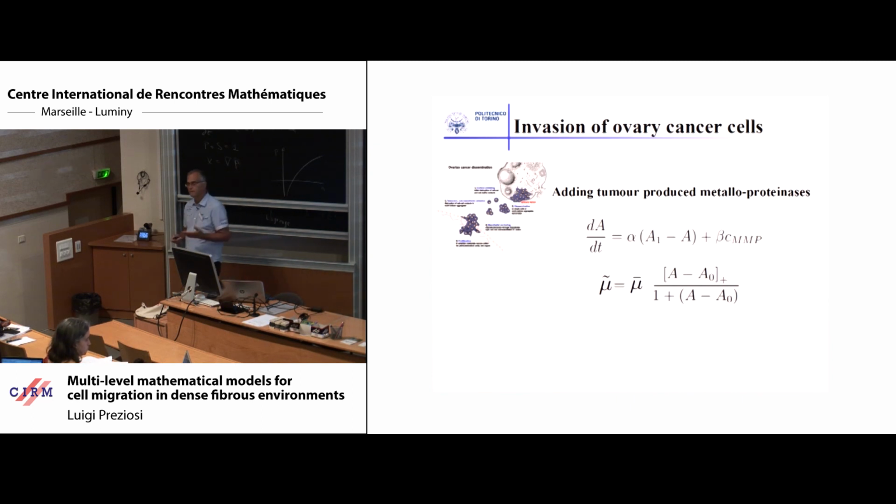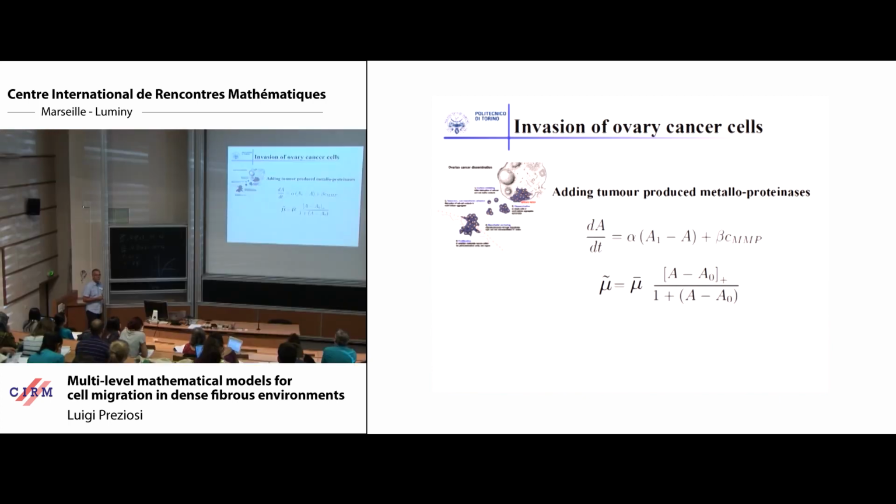How do you do that? For instance, you can assume that there is a target pore cross-section, which is restored continuously by, for instance, fibroblasts. If there are no metalloproteinases, where C_MMP is the concentration of metalloproteinases, then this equation will go to the stationary value A equal to A1.